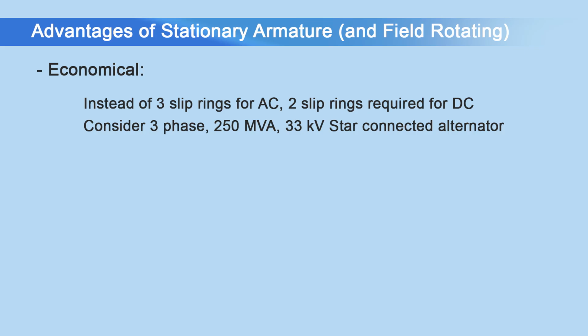So, just consider if one point is star connected and we are considering say a 250 MVA alternator. It has a huge power capacity, and the generating voltage is of the level of 33 kV, and the armature is connected in a star.